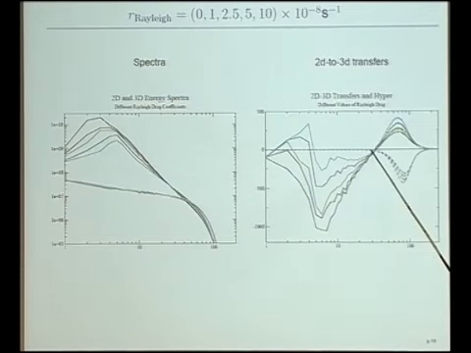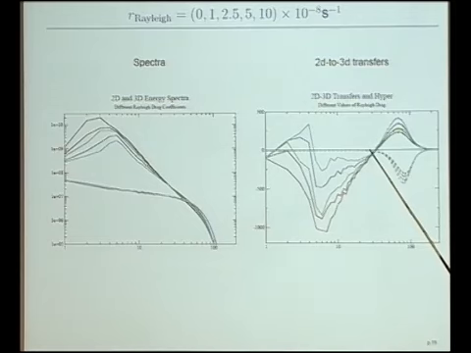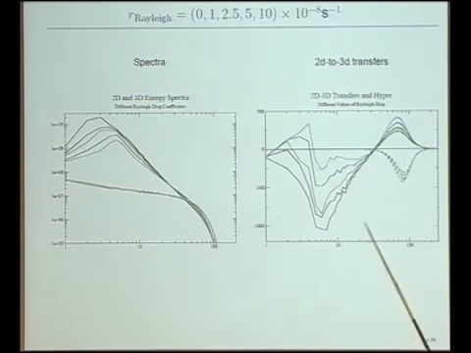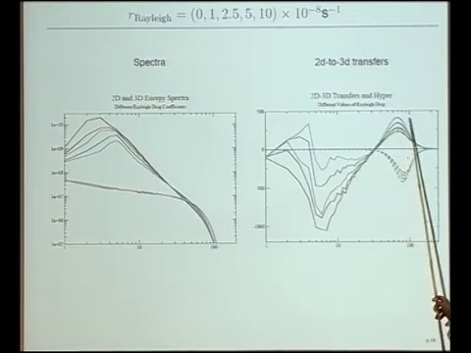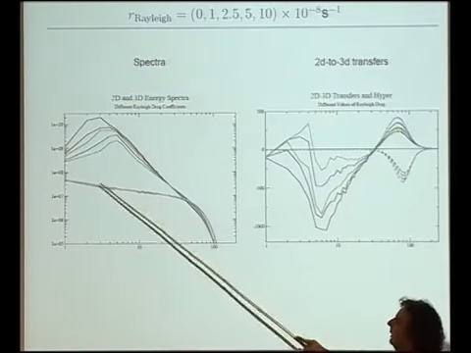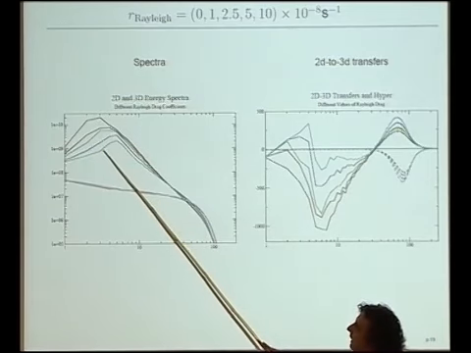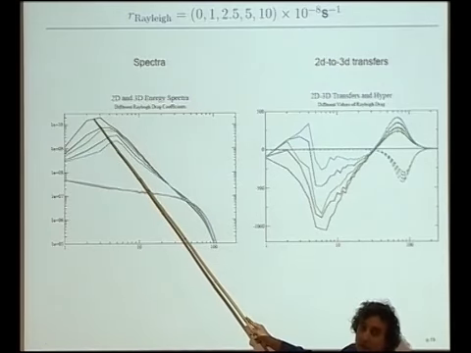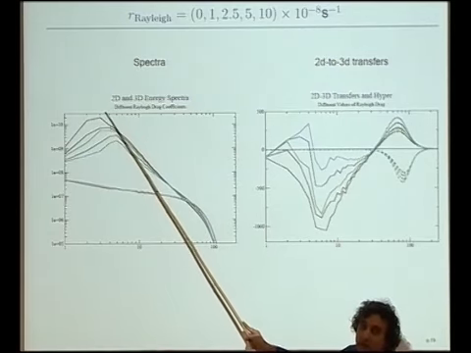So by the time I'm down to no Rayleigh damping, my 2D to 3D transfer is uniformly negative in this large range of kH. So this is all energy being damped out of the 2D flow, and it's put into 3D at high wave numbers, and gets dissipated.